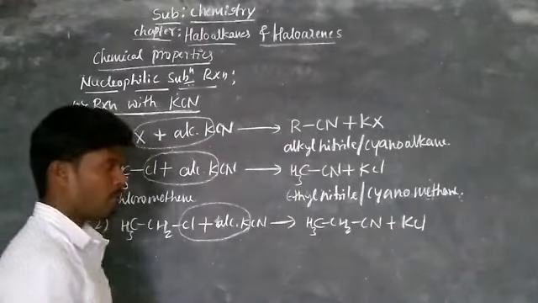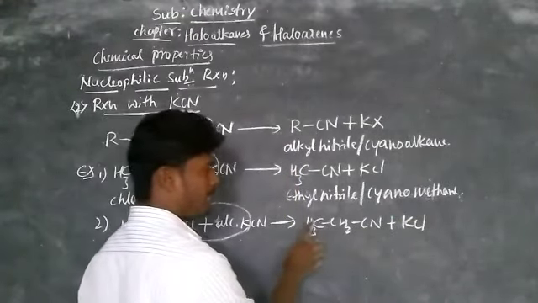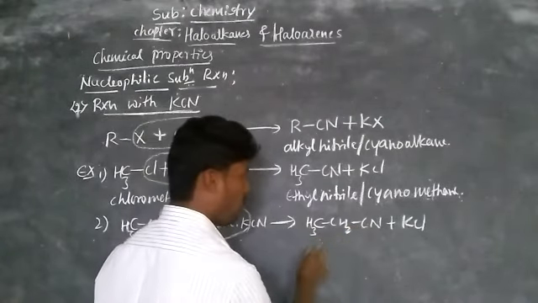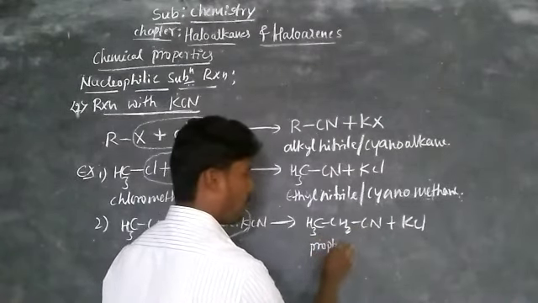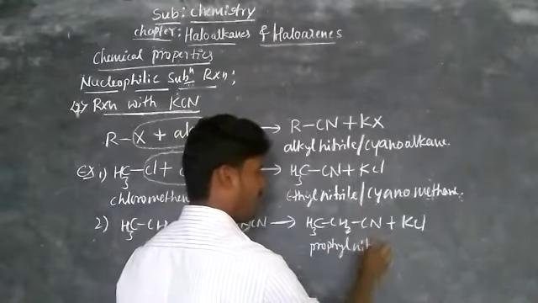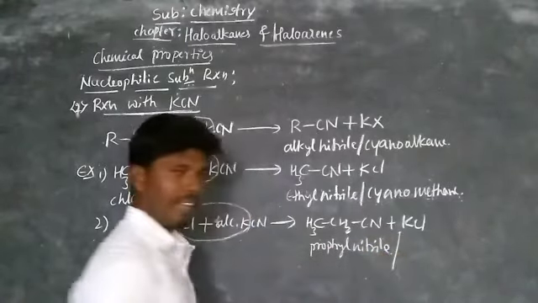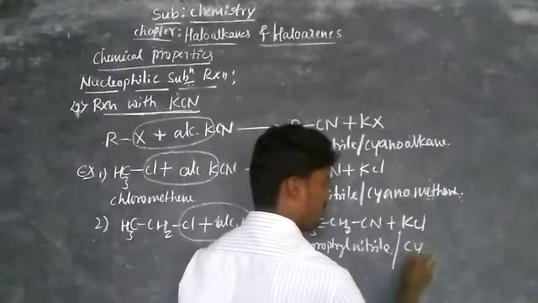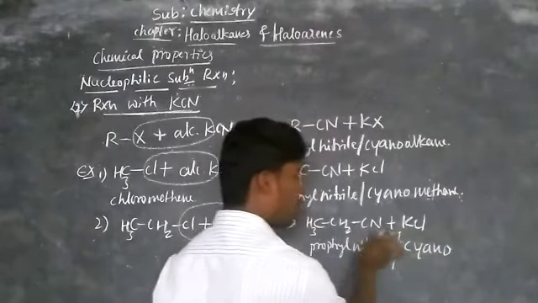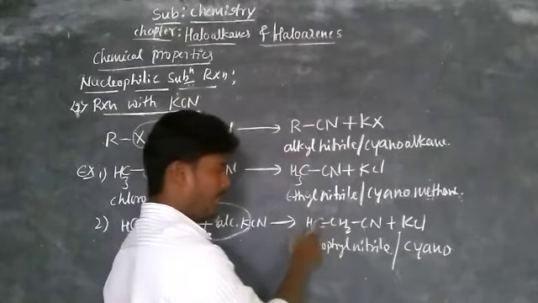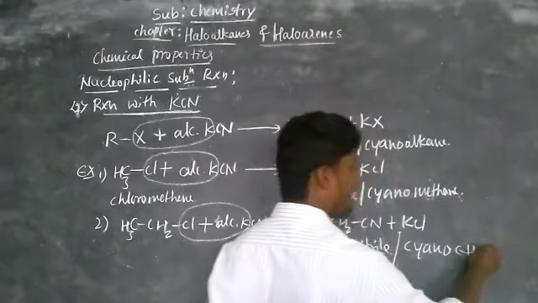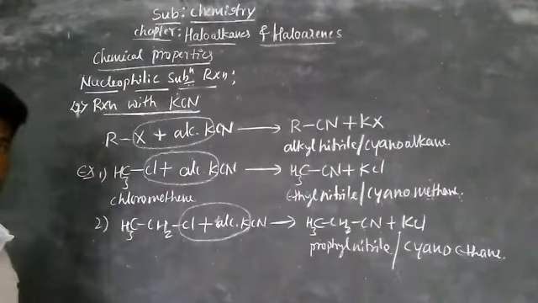Here observe what is the name. How many carbons are there? 1, 2, 3, right? So the name is propyl nitrile. They are also called cyano. This group is called cyano, and the remaining carbons are 2 only. Therefore, ethane, cyanoethane. Like that, we are giving the name.